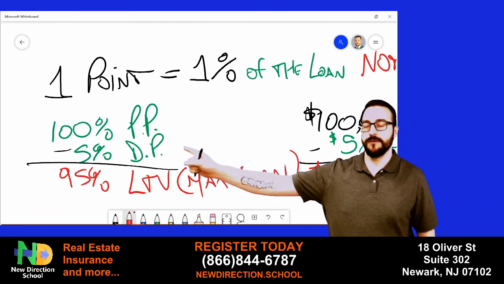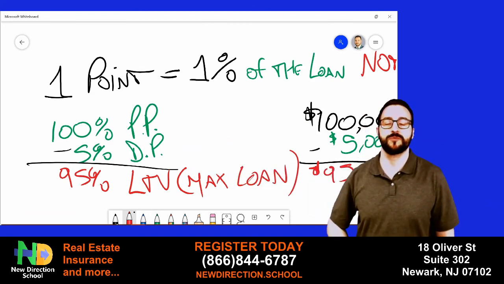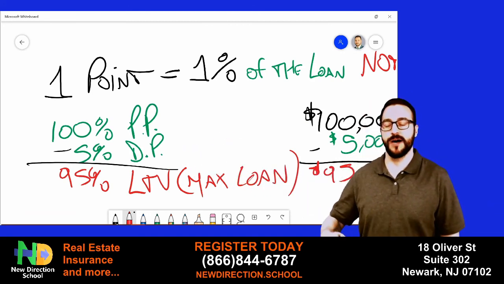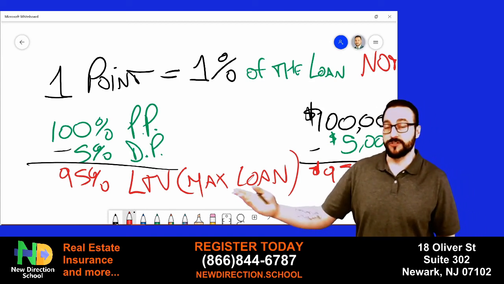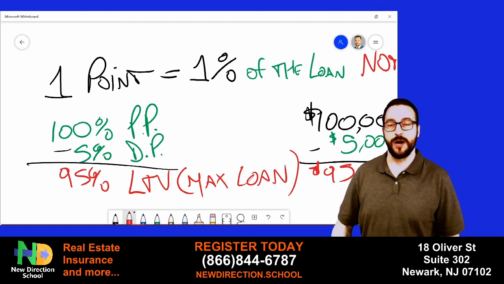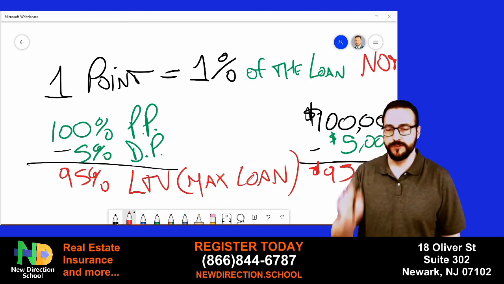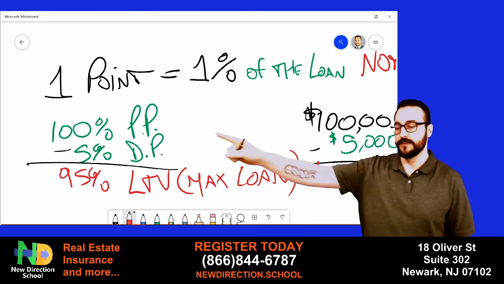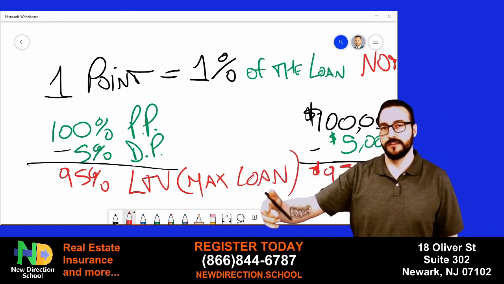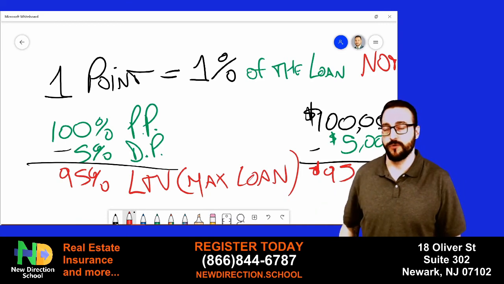So every loan is based on 100% purchase. How much are you buying for, right? And they appraise based on that value. So if the property is not appraised, then you have to come up with a difference, but that's a different story. For this example, we're going to assume that the purchase price is whatever that property appraised for.